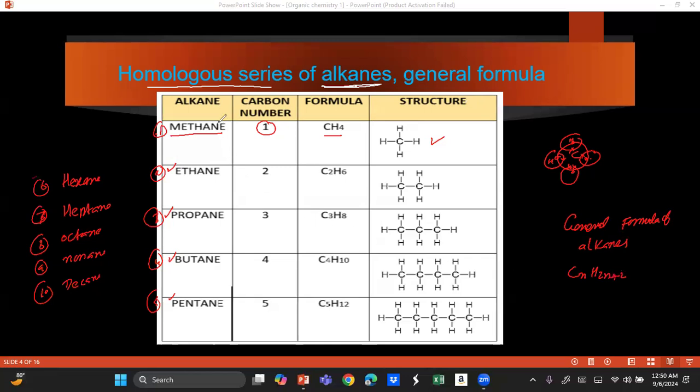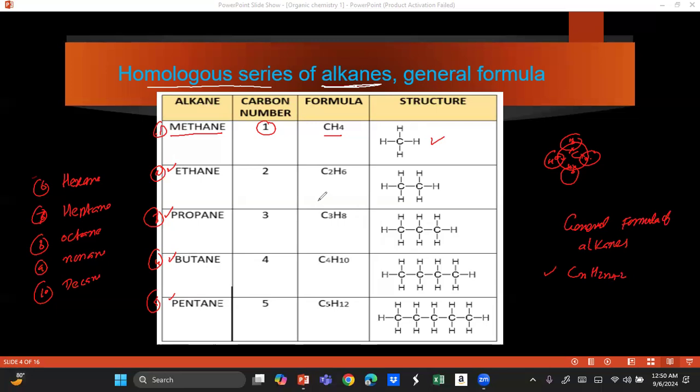You know, this is a homologous series of alkanes. All the members will be following this formula. If we know the number of carbon atoms, then we can tell how many hydrogen atoms we have.